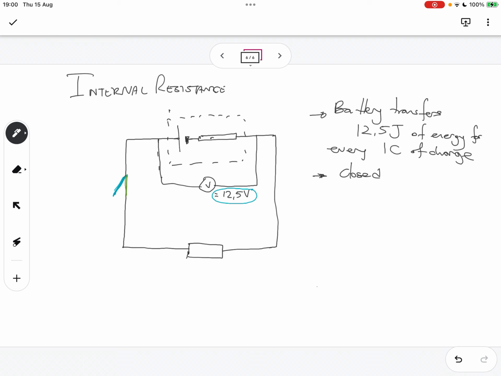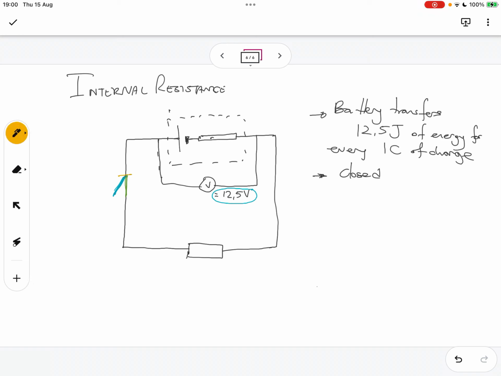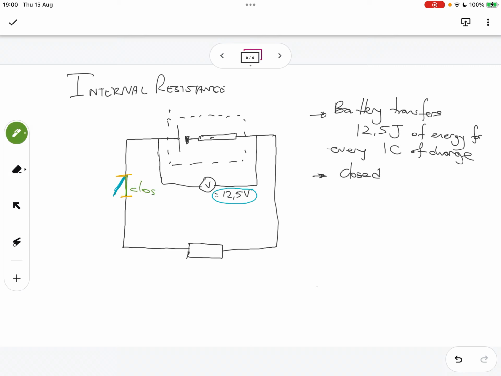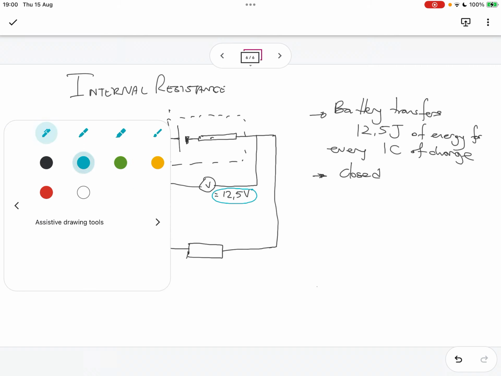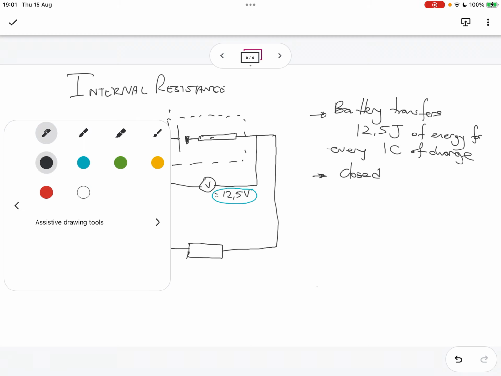But the last time we met, we discussed a little bit about internal resistance. And we spoke about when we have, so let's say here, these are the boundaries of the switch. In the green instance, the switch is closed. And in the blue instance, the switch is open.